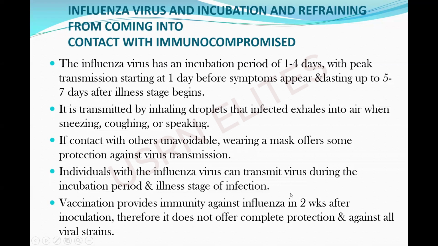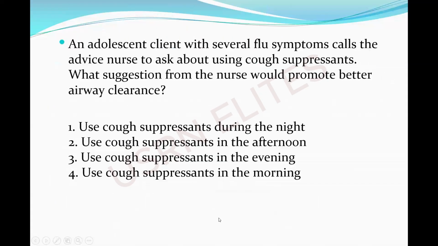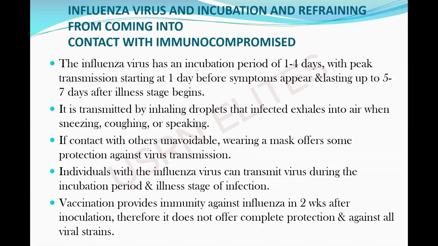Individuals with the influenza virus can transmit the virus during the incubation period and illness stage of infection. So even when the disease is not physically visible, in the incubation period, you can still transmit it. It's like HIV. When you are newly infected, it may take 3 or 6 months to show positive on whichever test you do.